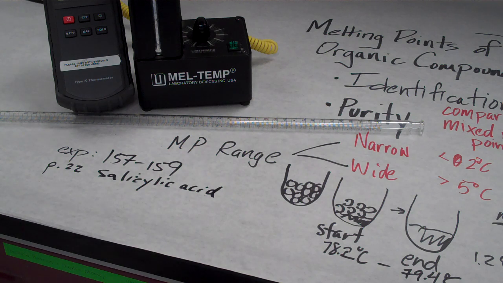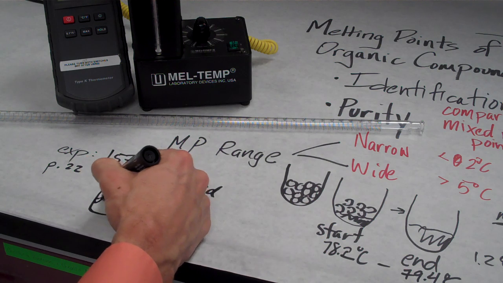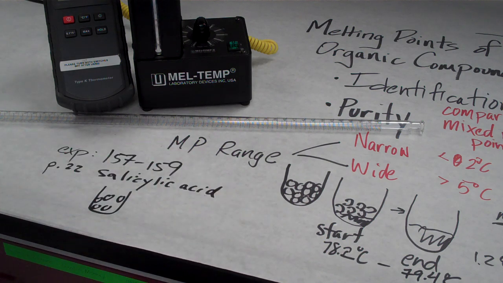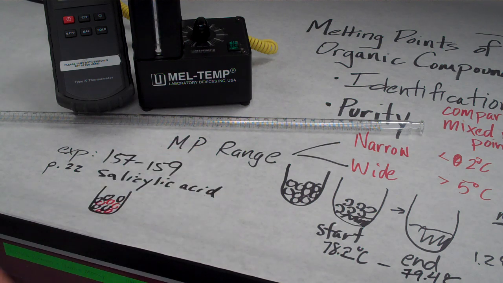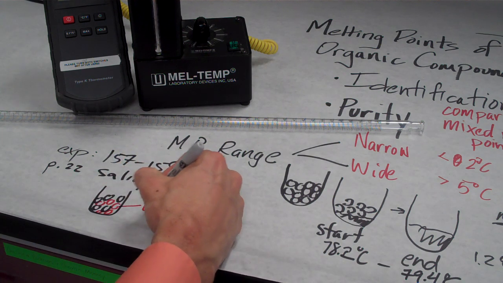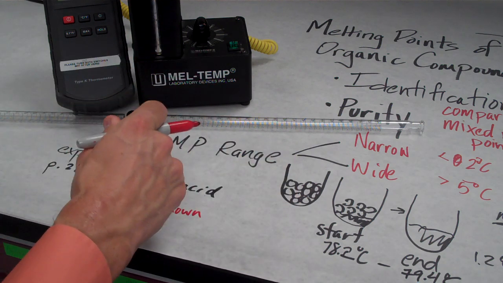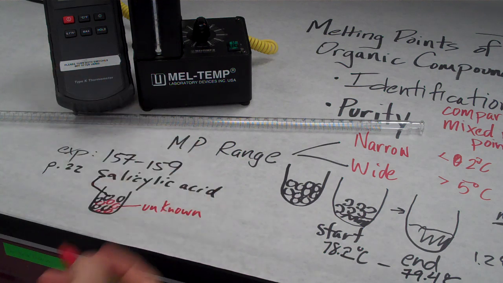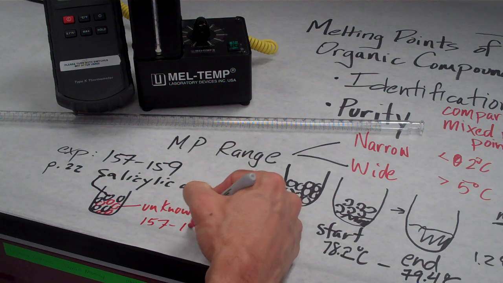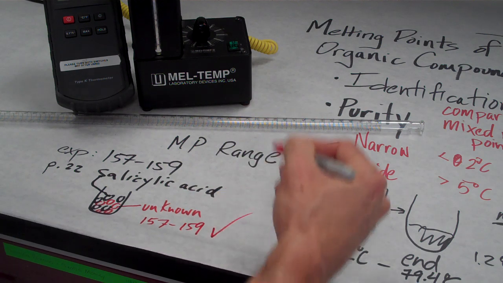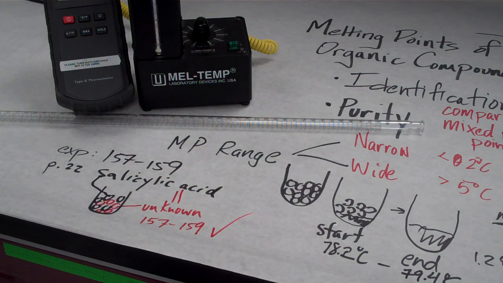So what I would do is I would generate a sample that is a mixture of my unknown plus my known salicylic acid. Okay? So if my unknown was in red and my black's salicylic acid. If this mixture continues to melt at 157 to 159, that is confirmation that the unknown equals salicylic acid.